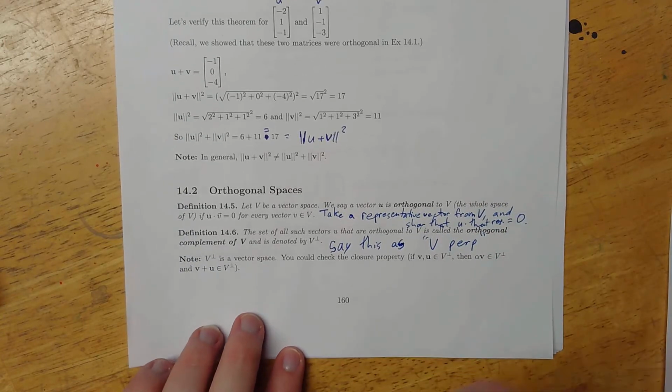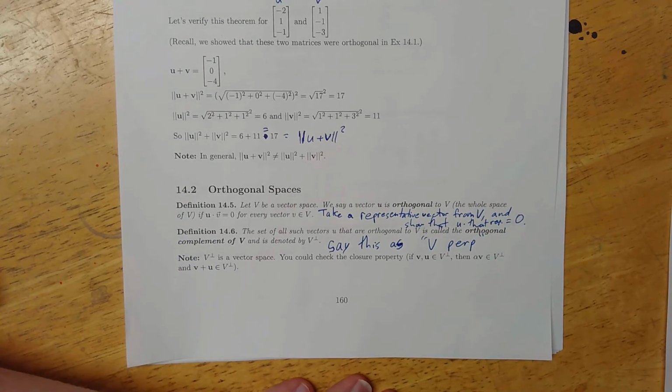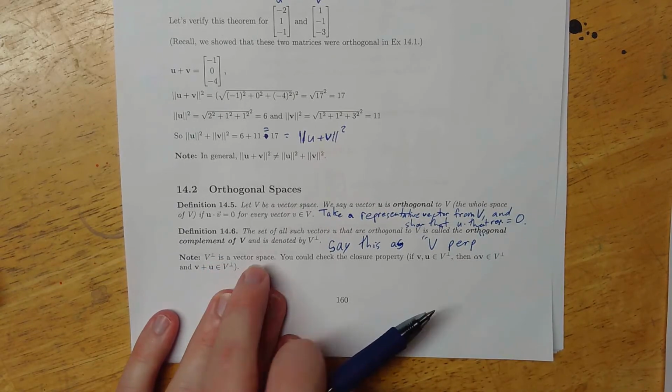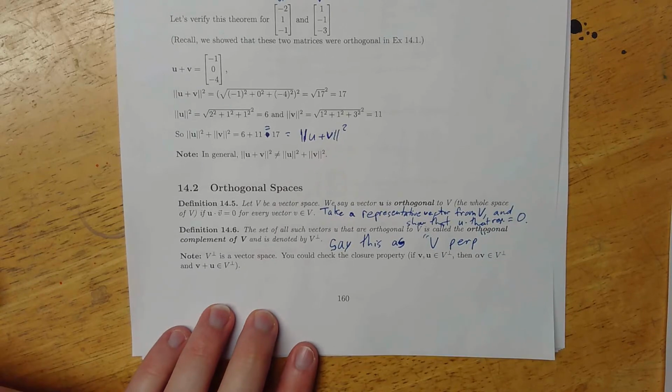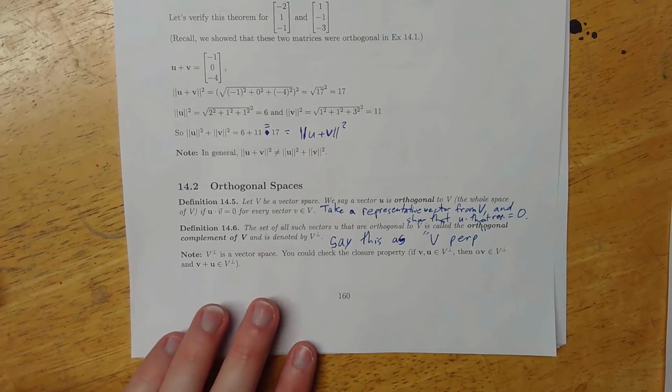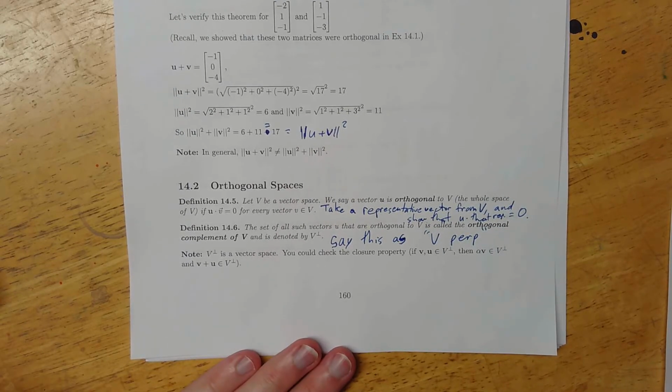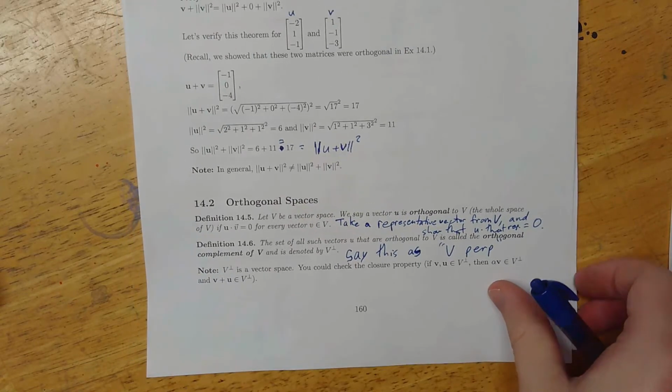This is talking about the vectors that are perpendicular. Note that this V perp set is going to be a vector space, and so we could check all the different properties associated with that.